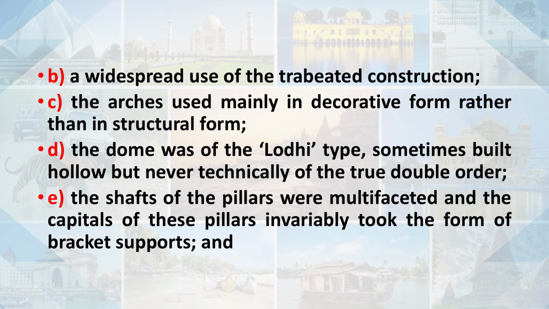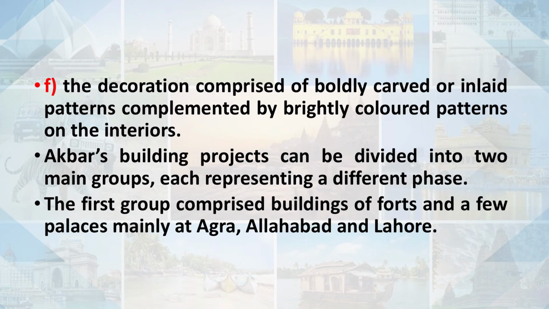The shafts of the pillars were multifaceted, and the capitals of these pillars invariably took the form of bracket supports, and the decoration comprised of boldly carved or inlaid patterns complemented by brightly colored patterns on the interiors.